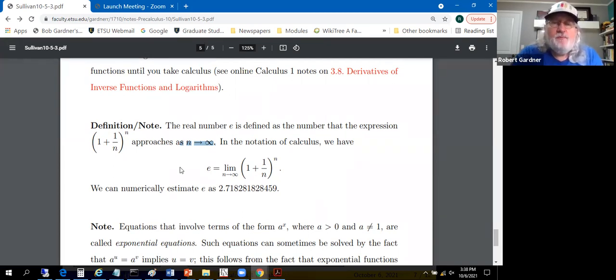Were we to plug a big number in, you'd find that e is 2.7182818282459, blah, blah, blah. It continues without bound, it's an irrational number. So why you would want this for the base of your exponential, nothing natural about it at this stage.